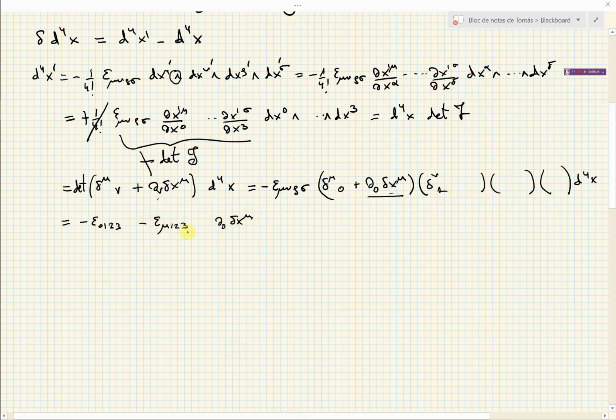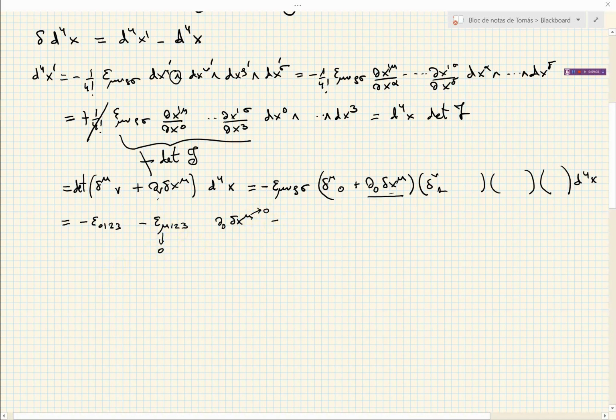But if this is 1, 2, and 3, the only possibility is that mu is 0. For the rest of the values of mu, there will be a repeated index, and this gives you 0. And then this will take the value minus 1.